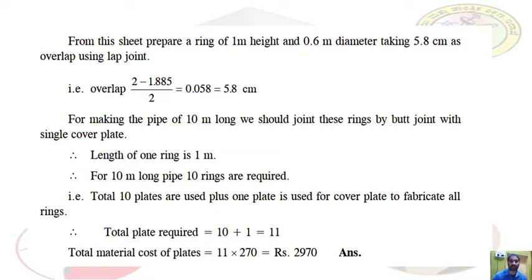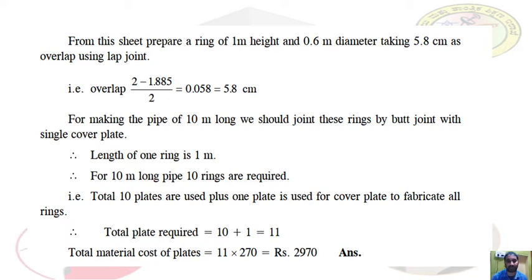We cannot get a separate sheet, since only a fixed sheet is available, so with that sheet only we have to prepare all these dimensions. Using one extra sheet, we cut it to make a cover plate for joining the other 10 rings. So we have prepared 10 pipes of 1 meter height.